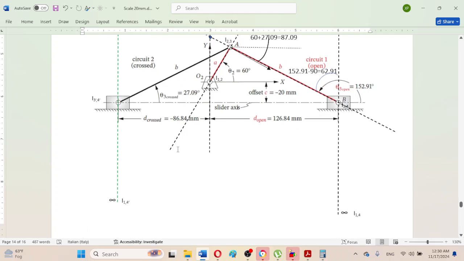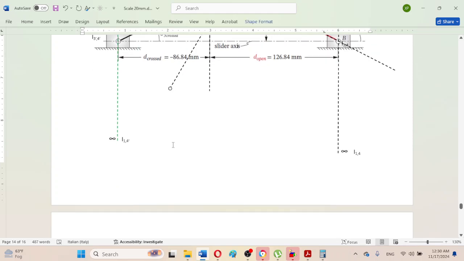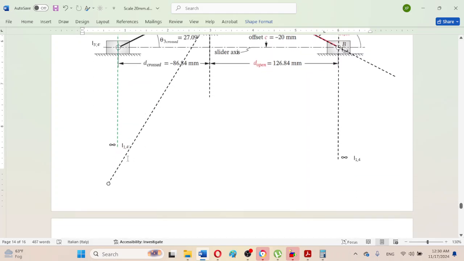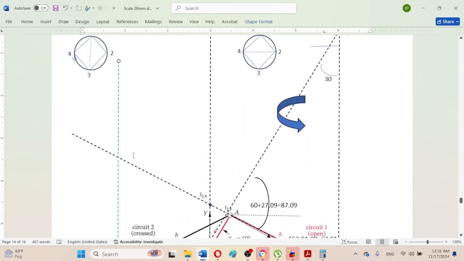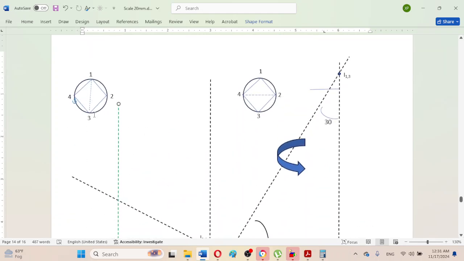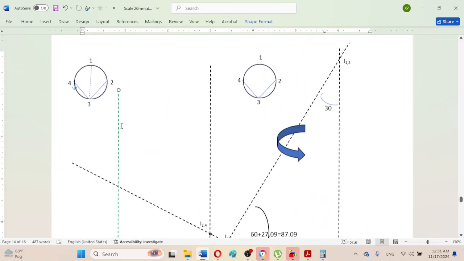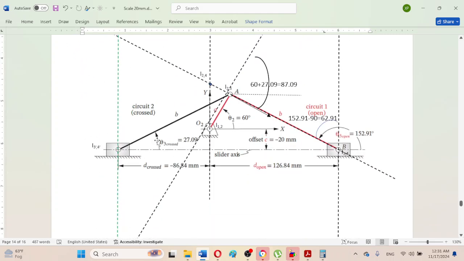So the same line will be extended here like this. Just extend it as far as possible.